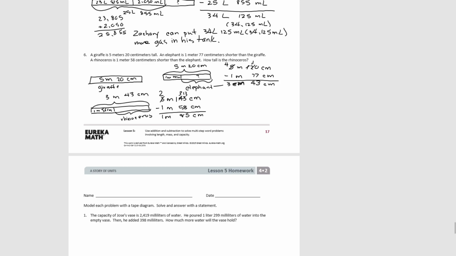So the height of the rhinoceros is 1 meter and 35 centimeters, or 185 centimeters.